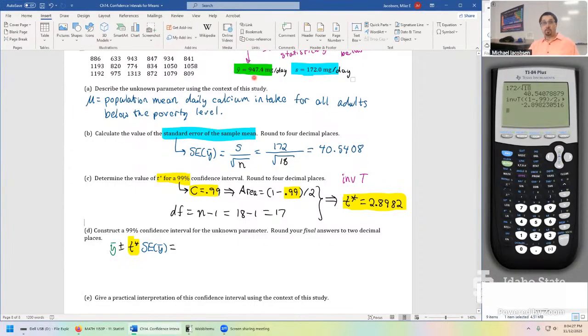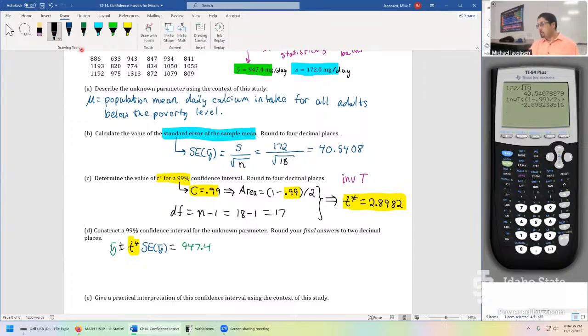So we were provided with y bar, 947.4 milligrams per day. Add and subtract t star, and that one was 2.8982. Finally, multiply it by the standard error, 40.5408.